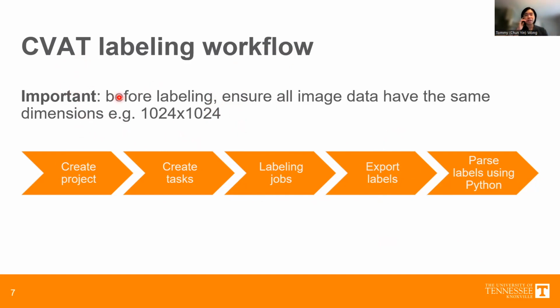They're exported as, for example, an XML or JSON file, which gives you all the points you need to recreate that mask. And then you will use Python to parse those exported labels to actually generate the mask that suits your needs for the different architectures that you might be using.